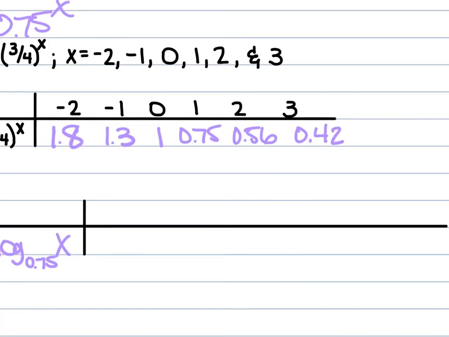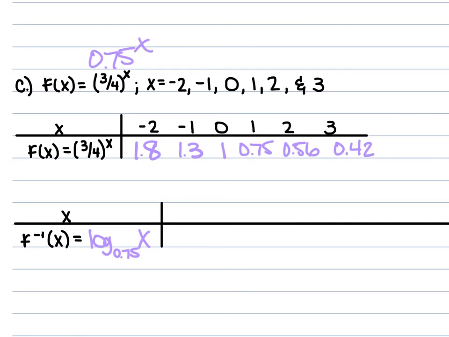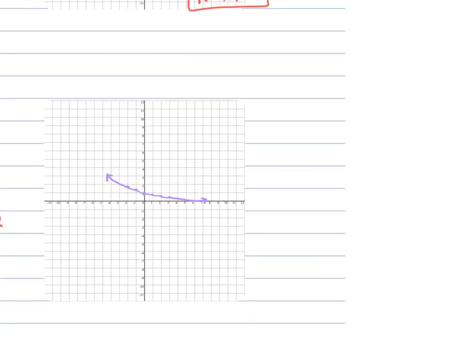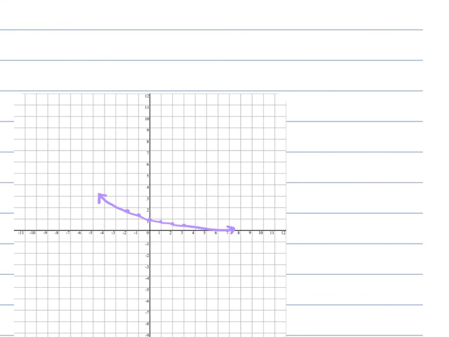If we take the inverse of these points, so opposites, so we're switching our x and y values, we have 1.8, -2, 1.3, -1, 1, 0, 0.75, 1, 0.56, 2, and 0.42, 3. Let's go graph these. The positive 1.8, -2 is about here.